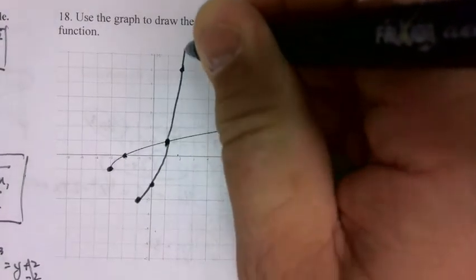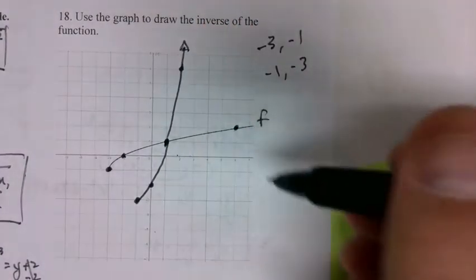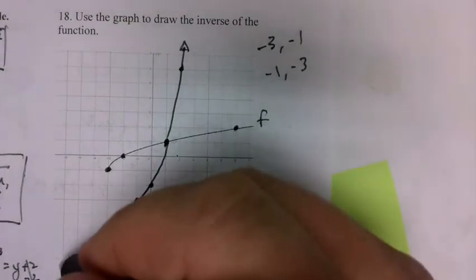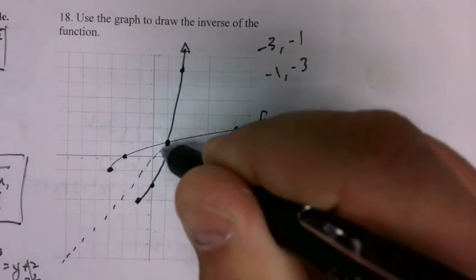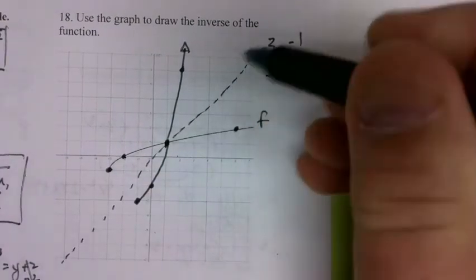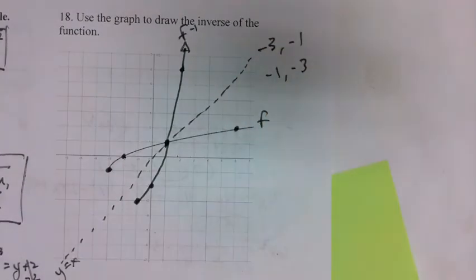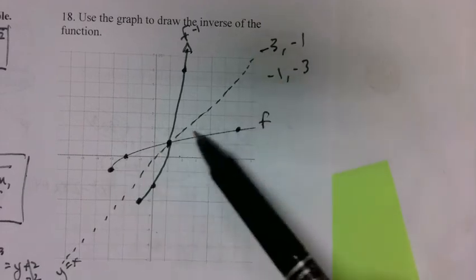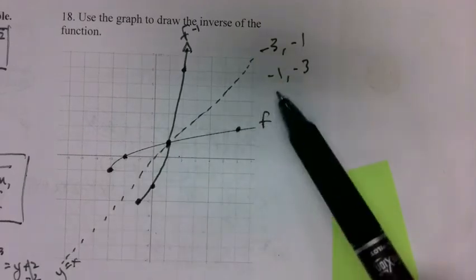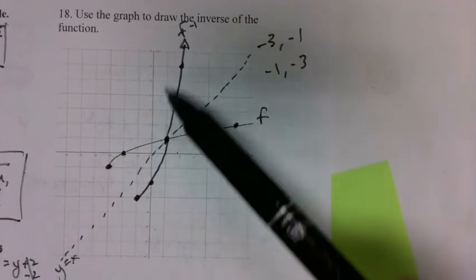And that goes forever that way. Now, you can verify that because if I graph the line y equals x, there is that reflection. So take the points that this function goes through, switch the x and the y's, and then just connect the dots.